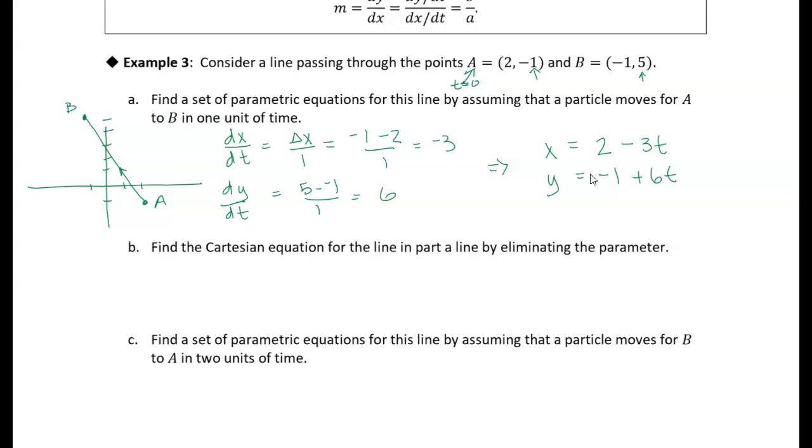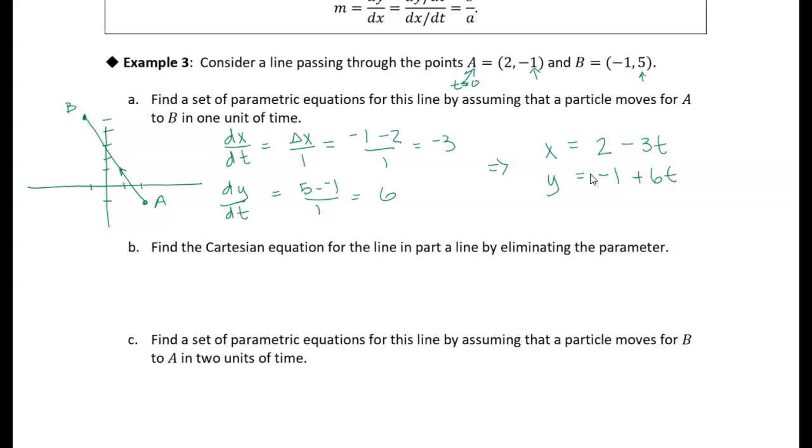So if I put in t equals 1, I'll get 2 minus 3, which gives me the x value that I'm expecting at B. And if I put in t equals 1 into the y equation, I get -1 plus 6, which gives me positive 5, which is the y value that I want for the point B. So you can see that it works out for the points A and B. It does indeed move from point A to point B in 1 unit of time. Okay, so there's always a way you can check it.